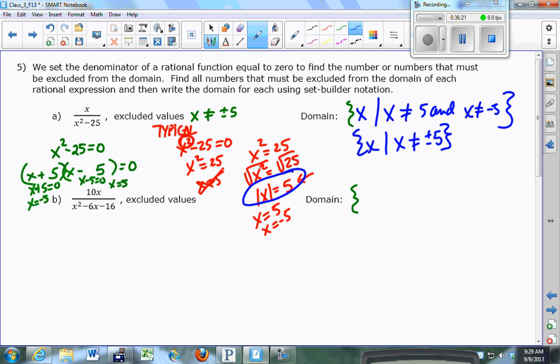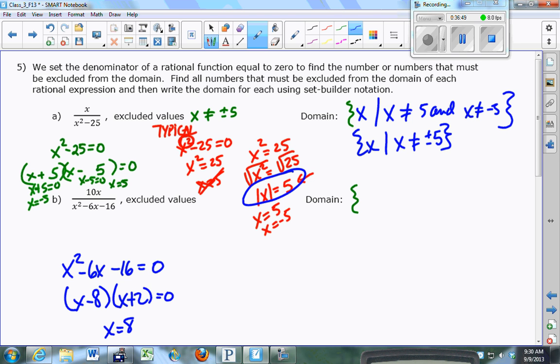Okay, what about the denominator on the second one when we set that equal to 0? Now we've got to remember how to factor. So the way I teach my students is what factors of 16 differ by 6, because that's a subtraction sign there. 8 and 2. And the 8's going to have a subtraction in front of it, and the 2's going to have an addition.